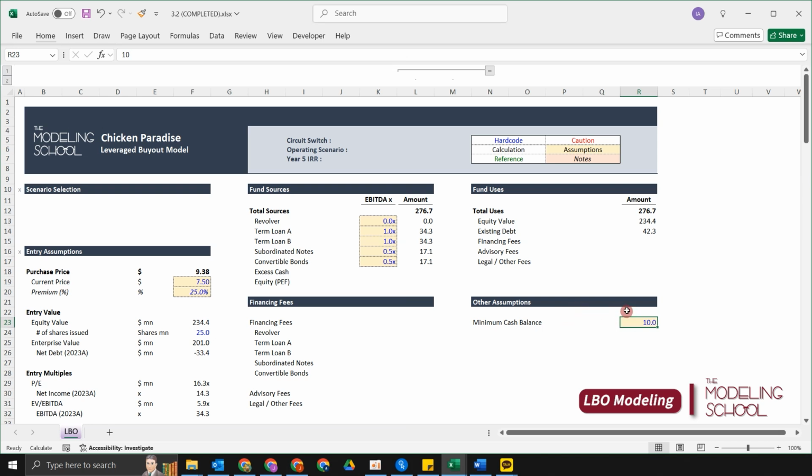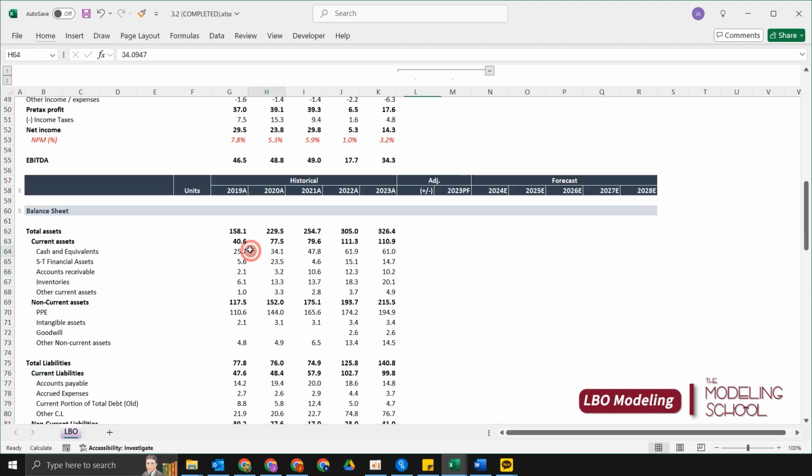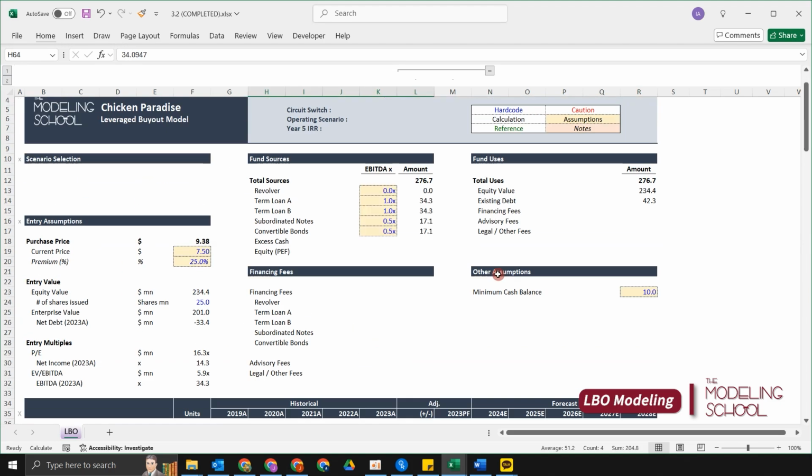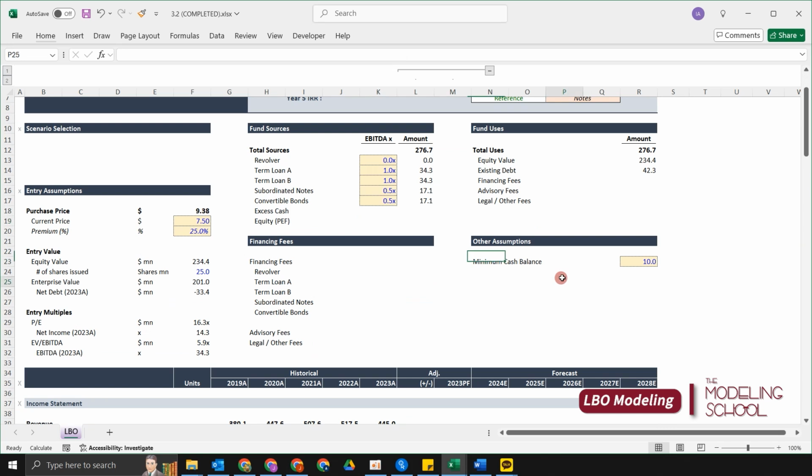But in this case, we just simply put in 10 million. We're not going to put in that much effort in this model. Maybe in later contents we'll try to make an analysis and put in some realistic numbers.